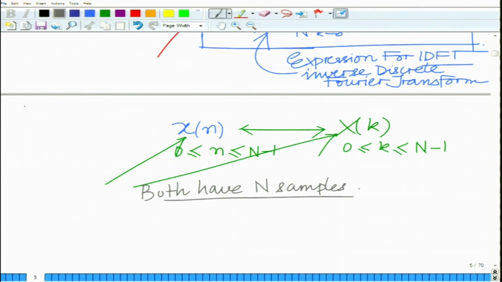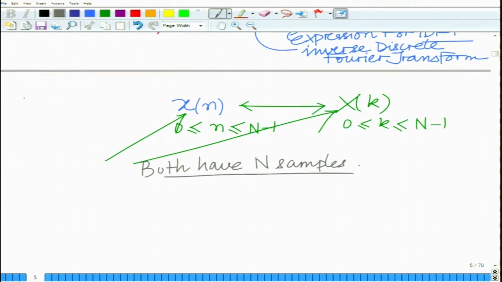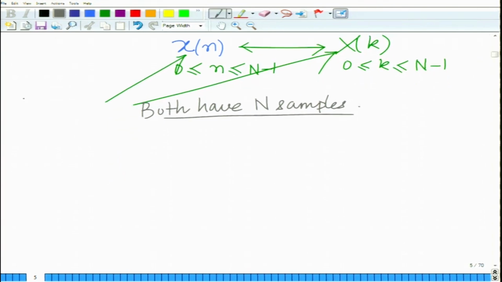All right. Now, the next thing we want to look at is the relations between these various transforms. We have seen several transforms: we are now seeing the DFT, and earlier we have seen the Fourier series as well as the discrete time Fourier transform. So, we want to start by looking at the relation between the DFT and the discrete time Fourier series that is defined for a periodic discrete time signal.